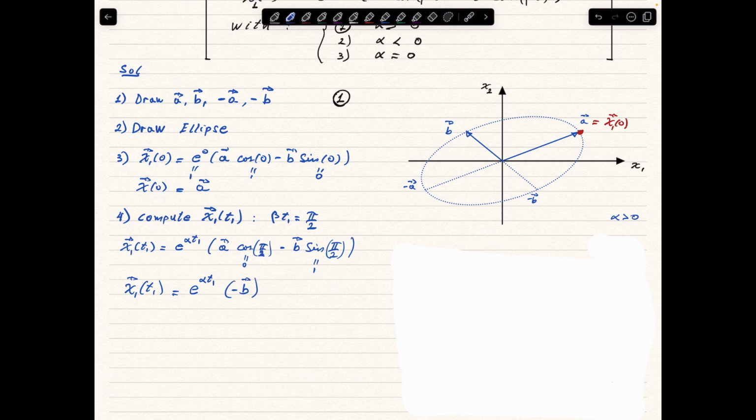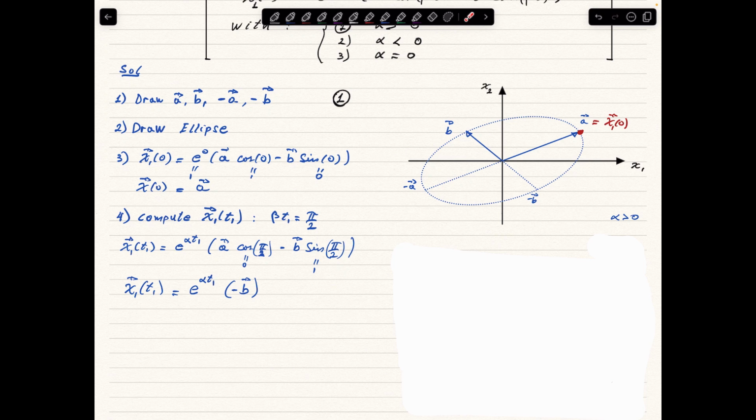So what this says is that the result is going to be in the direction of negative B. It's going to be either here or here, I don't know exactly where, but it's going to be in this direction. So the solution moves from this point somewhere along this line that we need to determine. But we don't need to determine it very precisely.